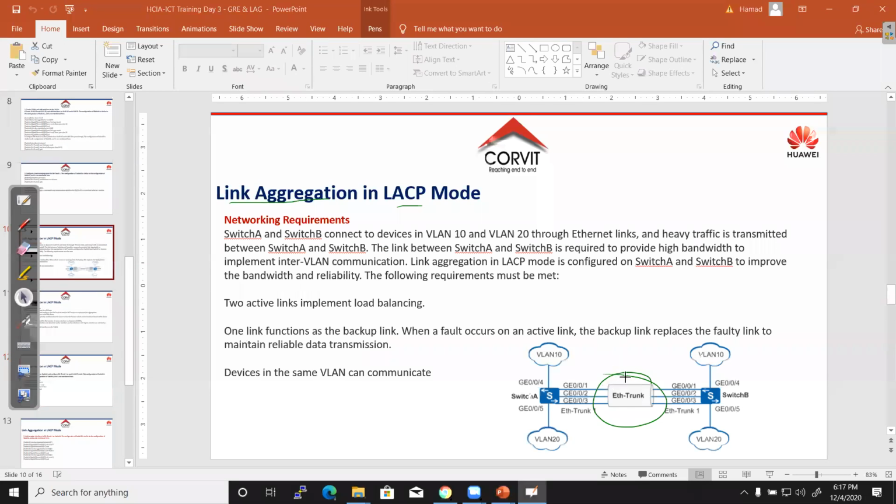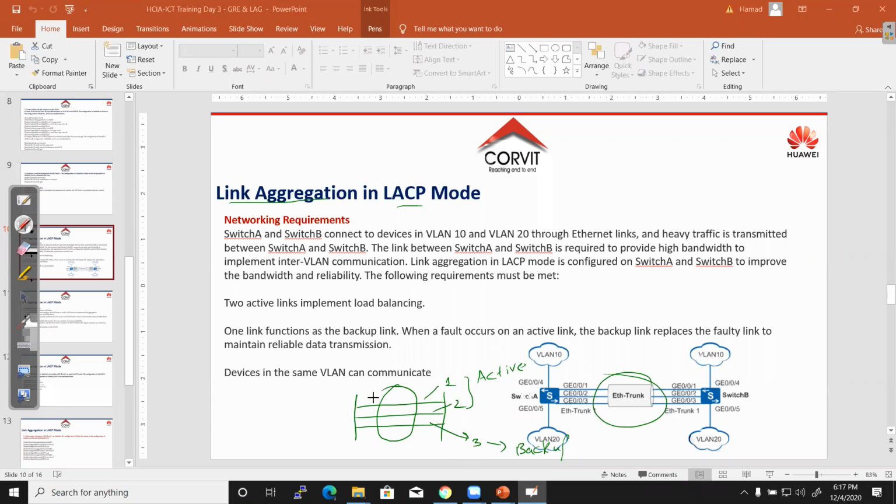The requirement is you need to bundle 3 interfaces. Example, this one, this one, and this one. But in this bundle, the first two interfaces, interface 1 and interface 2, should be in active state, but the third interface, which is interface 3, should be in standby or backup state.